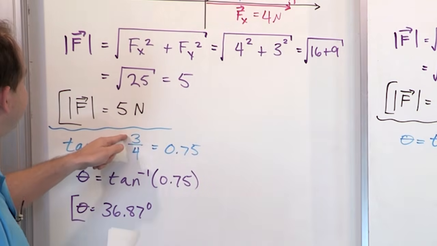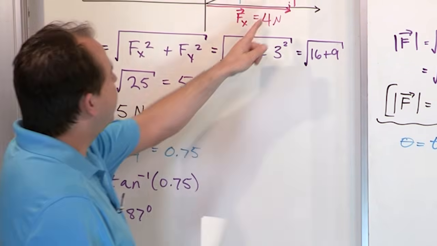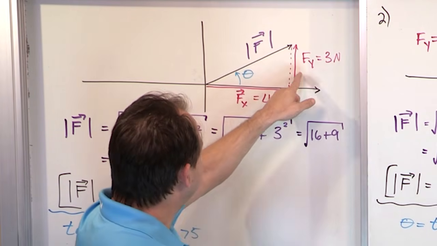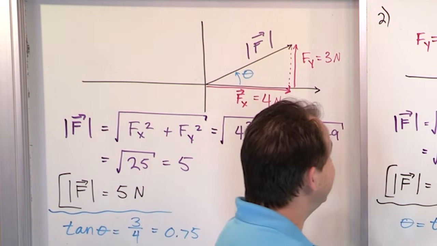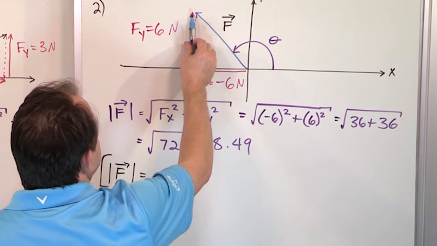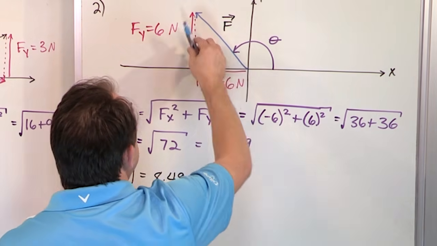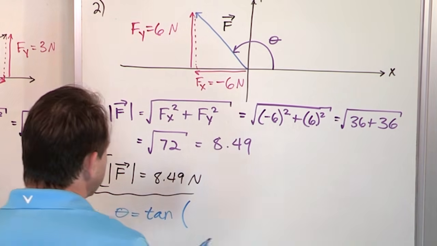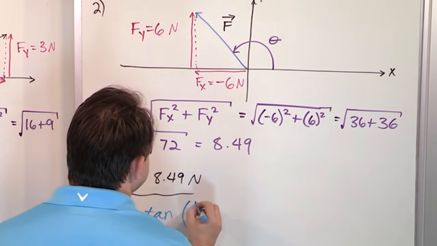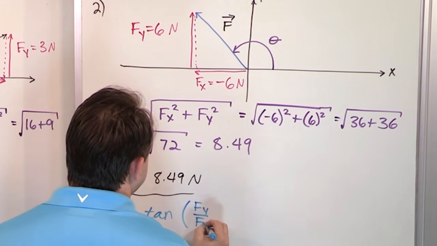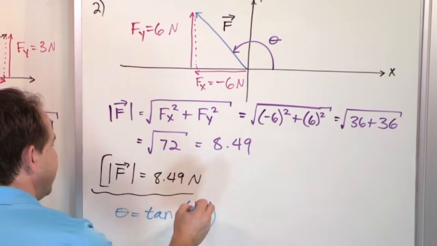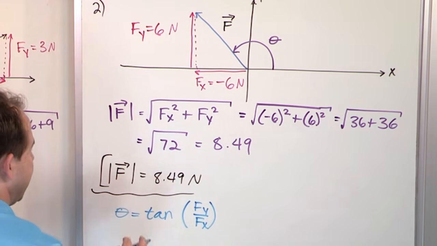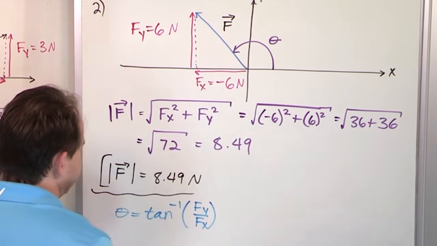We said it was the inverse tangent of the y value over the x value, the opposite over adjacent, right? So it's the same thing. It's the opposite side over the adjacent side. So the opposite side, just to make it clear, is Fy, and the adjacent is Fx. Opposite over adjacent of that triangle. And it's going to be the inverse tangent, right?